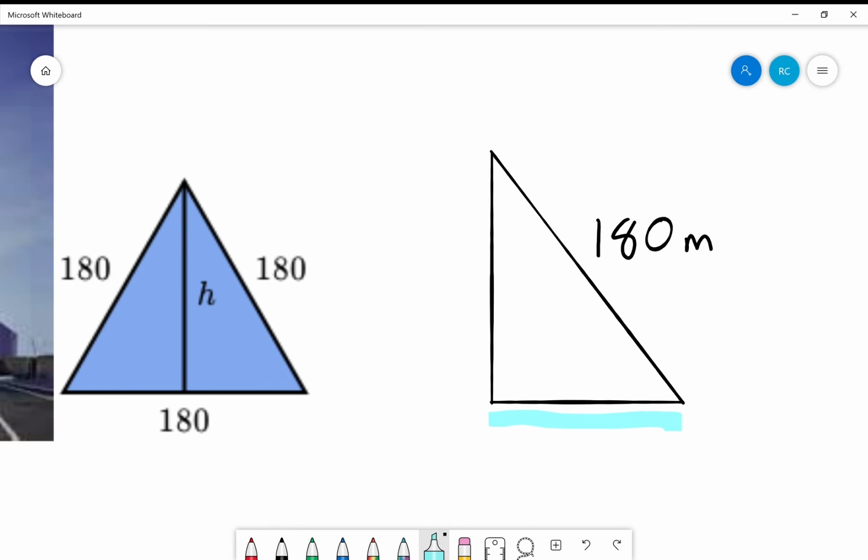Now, hopefully you saw that this bottom side here is half of the whole bottom of the triangle, which would make it 90 meters. And we have h.